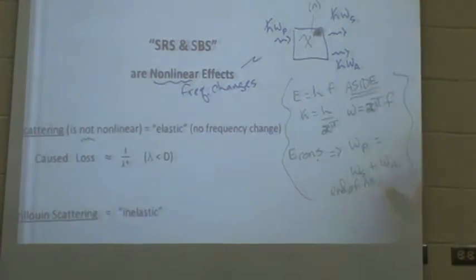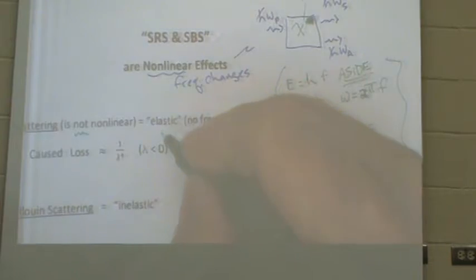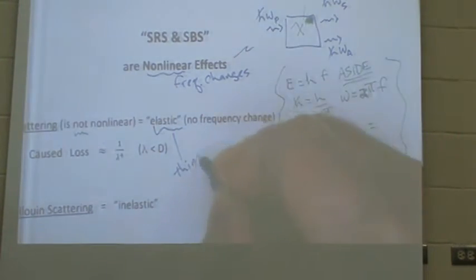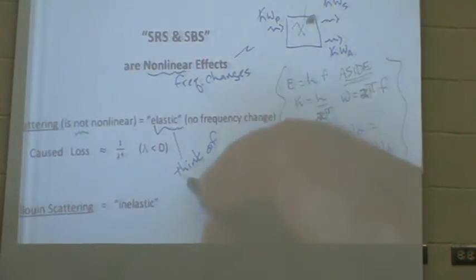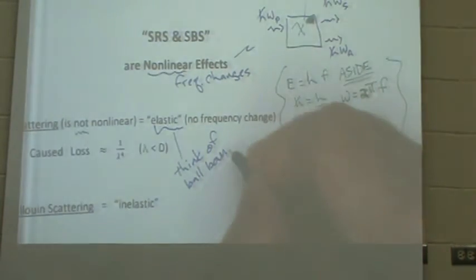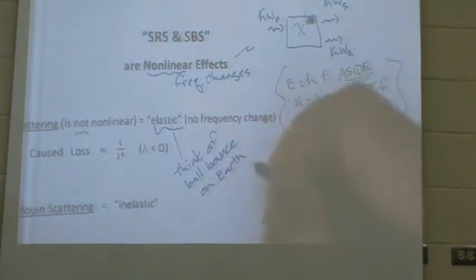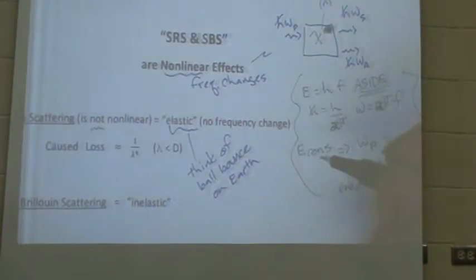So getting back to Rayleigh scattering, what is this elastic scattering? I think of a super ball bouncing off the planet Earth. Does the Earth recoil? Yeah, but not by much of a noticeable amount, right? Energy is always conserved, and so is momentum.